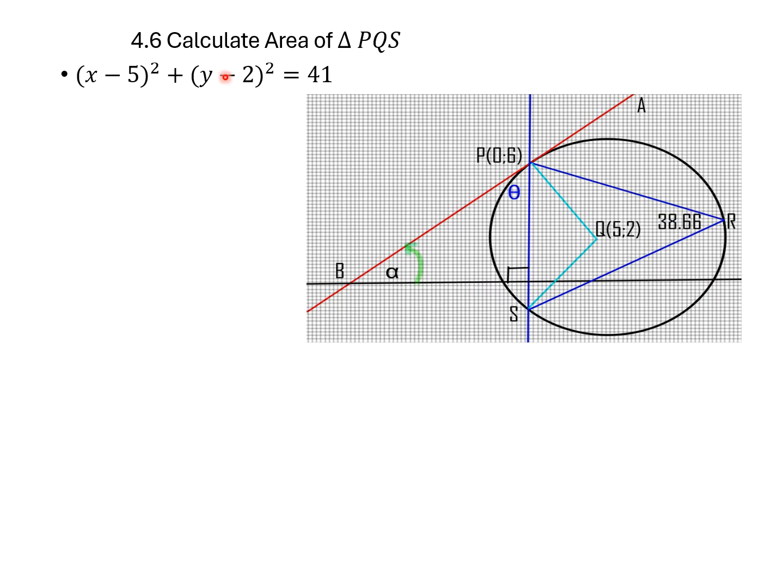Right, from there, they want us to calculate the area of triangle PQS. So PQS, then baby blue. Right, sorry, my colors, I'll just call it baby blue. Others will say it's teal. Right, so that triangle there, so we know we have (x minus 5) squared plus (y minus 2) squared equal 41 for the whole circle.